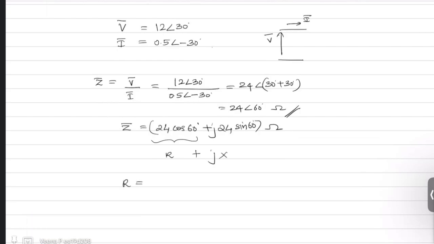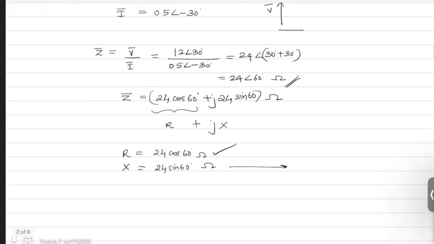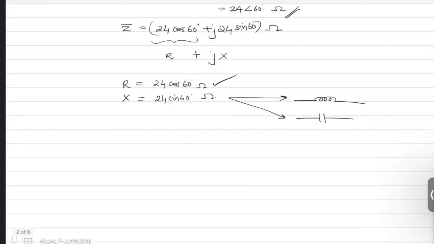So your resistance value is 24 cos 60 and the reactance value is 24 sin 60. Now resistance has only one kind, but reactance could be from an inductor or a capacitor. How do we decide whether it is an inductive reactance or capacitive reactance?